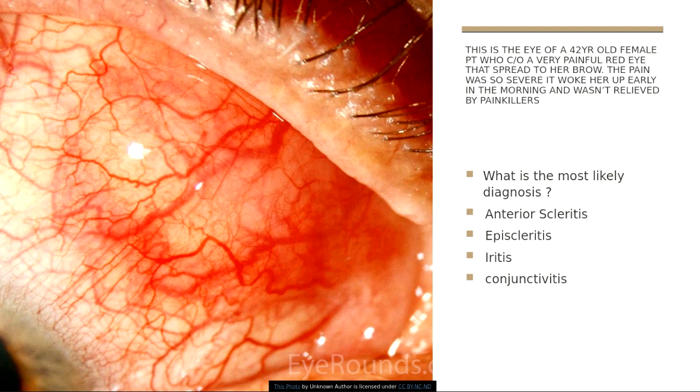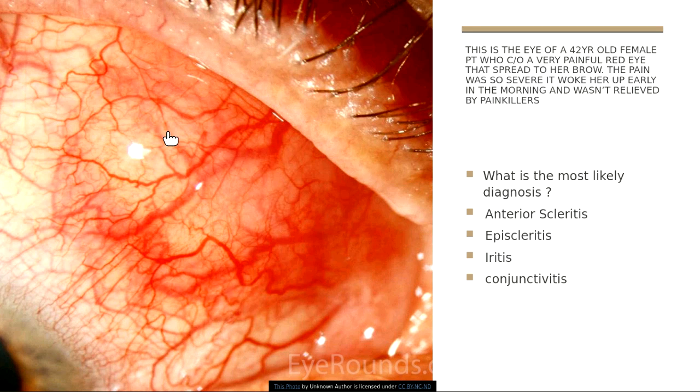What is the most likely diagnosis? Is it anterior scleritis? Is it an episcleritis? Is it an iritis? Is it a conjunctivitis? Is her conjunctiva inflamed? Yeah, the conjunctiva is inflamed, but you can also see there's almost this area here.